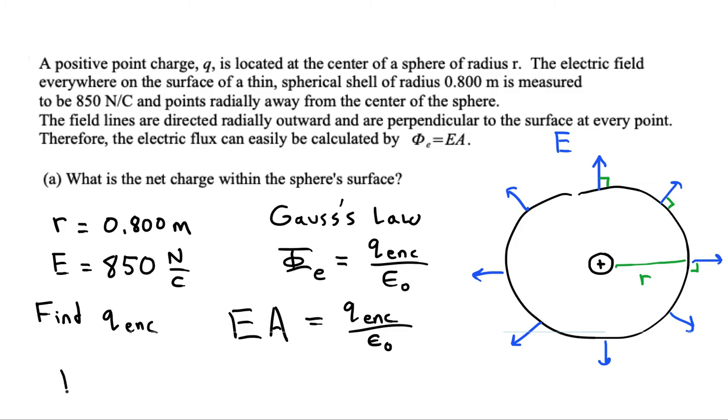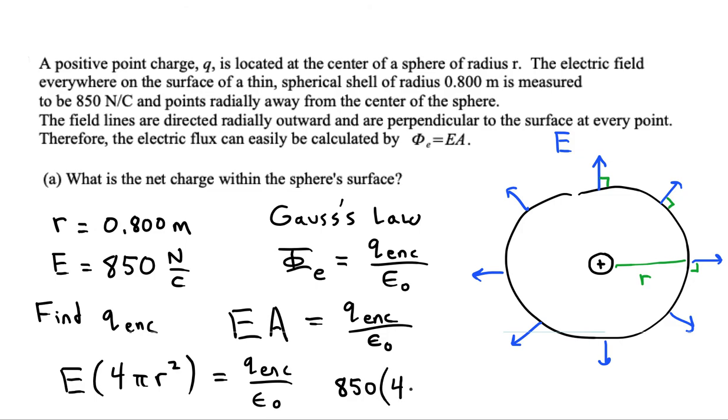So the area of a sphere is 4 pi r squared. We would now want to plug in and see if we can solve for Q. So we'll have 850 for our field strength.